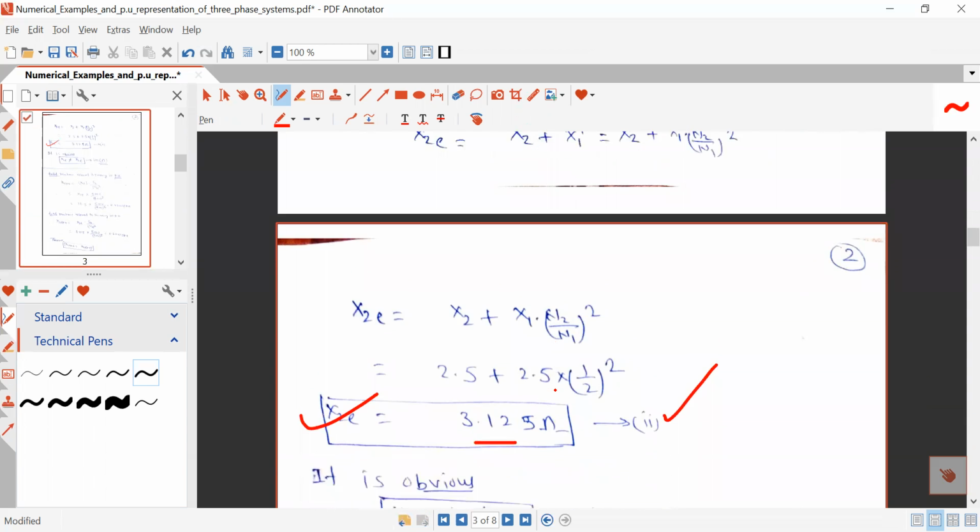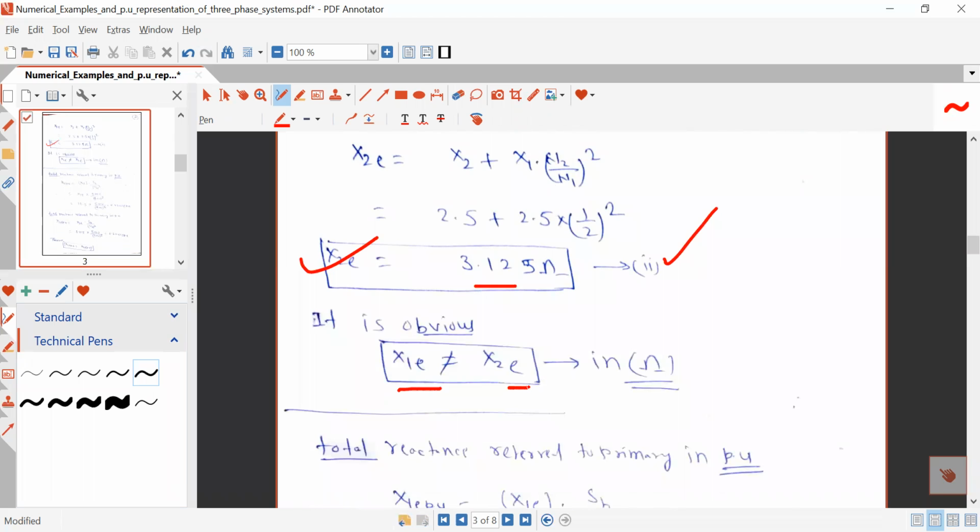So it is clear, in ohm these two values are not equal. Total reactance of the transformer referred to the primary will not be equal to total reactance referred to the secondary. I have discussed this thing in previous lecture also.